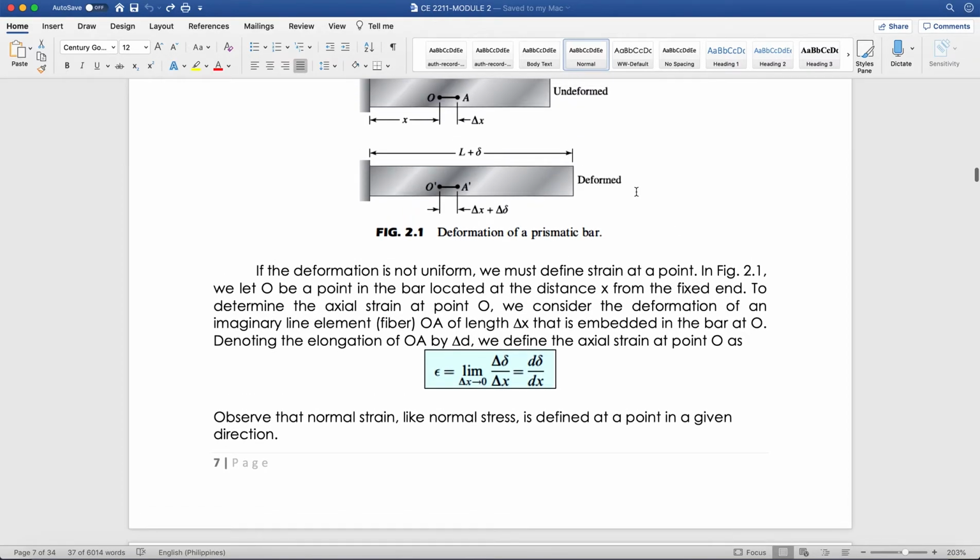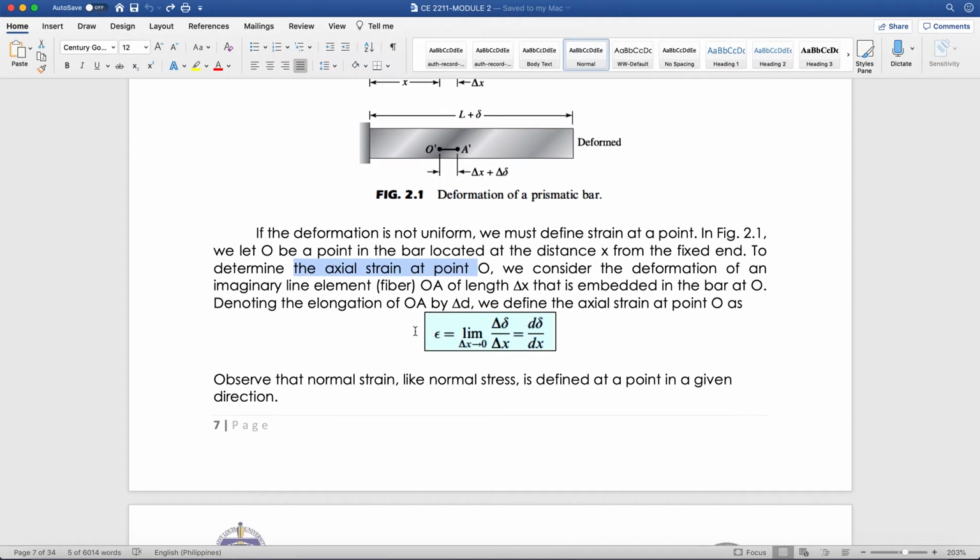In figure 2.1, we let O be a point in the bar located at a distance x from the fixed end to determine the actual strain at point O. We consider the deformation of an imaginary line element OA of length delta x that is embedded in the bar at O. So delta x here is the original length. Denoting the elongation of OA by delta D, we define the actual strain at point O as delta L, the deformation, divided by delta x, which is equivalent to the change in the deformation with respect to dx.